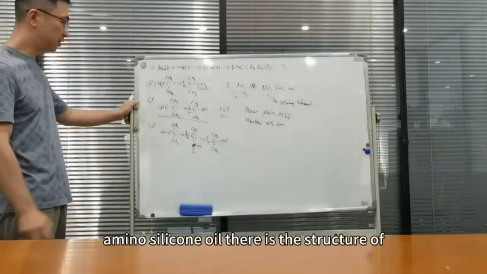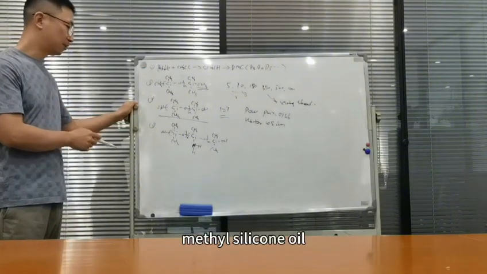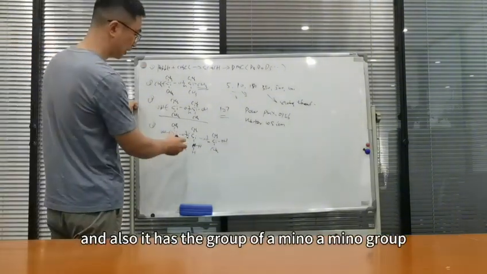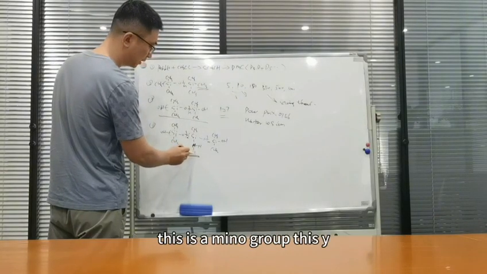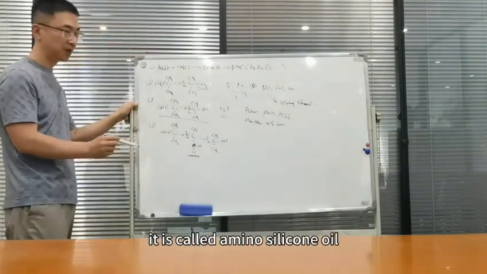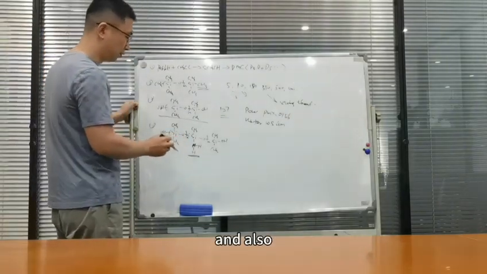It has the structure of master silicone oil, and also the amino group. This is the amino group. That's why it is called amino silicone oil.